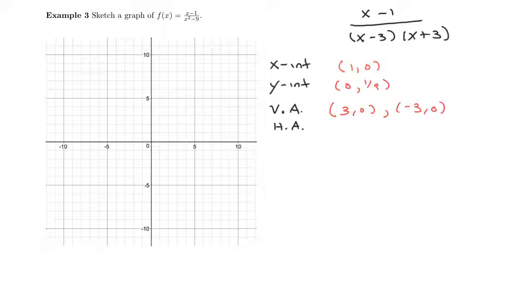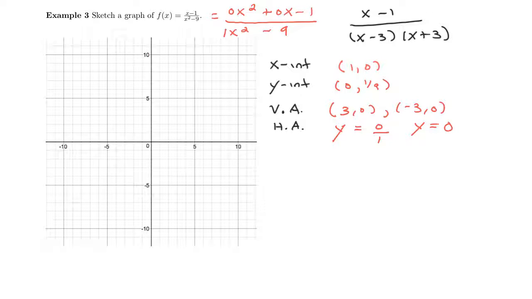Now this is where it gets a little strange. The horizontal asymptote, there's no x squared in the numerator. So if you want to be really careful, you could say this. If you want to compare x squareds to x squareds, the horizontal asymptote should be y equals 0 from the x squared in the top, over 1 from the x squared in the denominator, and that's just y equals 0.